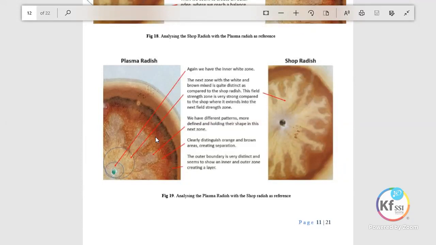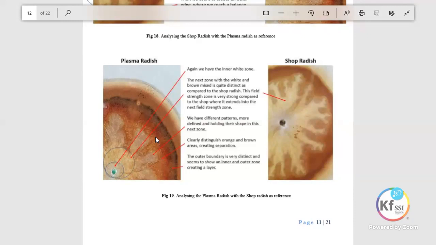Whereas on the plasma radish, it's maintained its very strong, small structure. Then we get different patterns coming in from that next zone. To me, they're very well defined, holding their shape, and also interacting into the light orange and the red zones there.